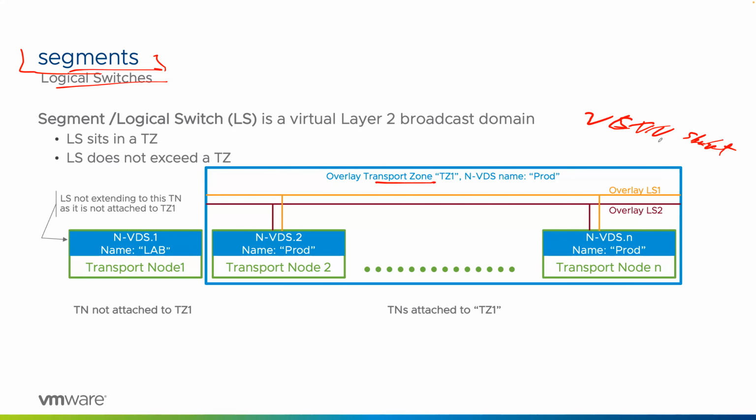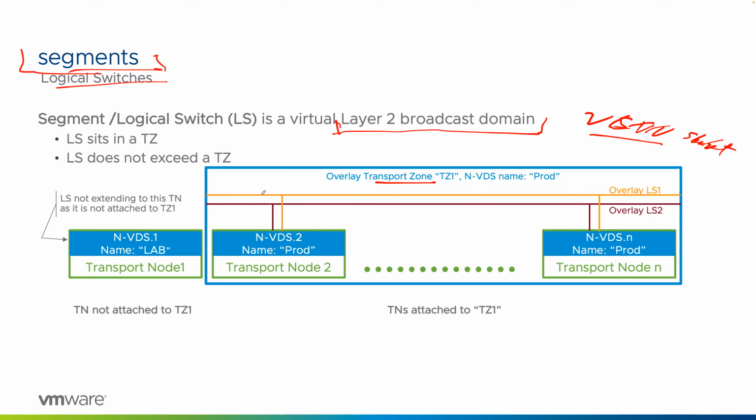A segment or logical switch is a virtual layer 2 broadcast domain. You remember the layer 2 broadcast domain from when you learned the fundamentals of layer 2 switching. VLAN is also a type of layer 2 broadcast domain.